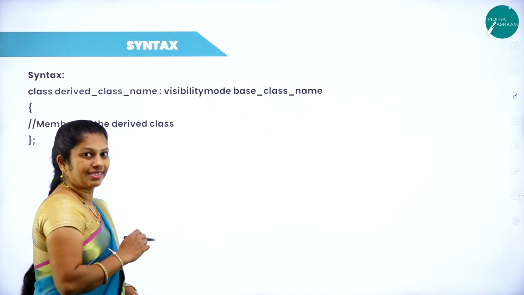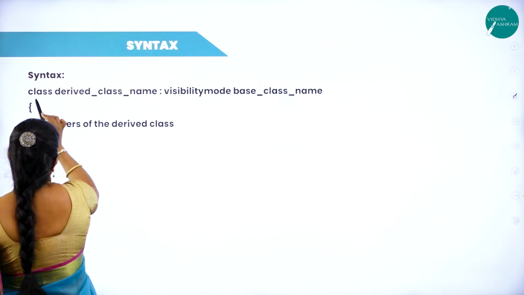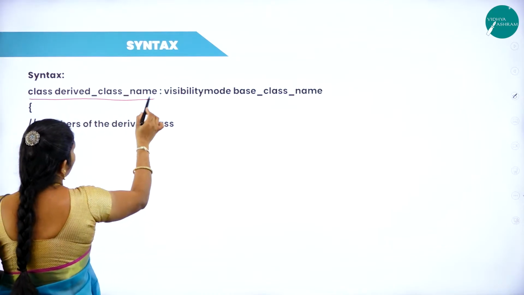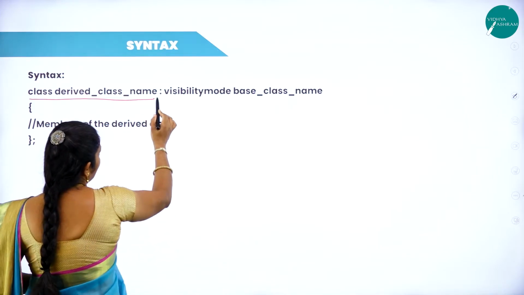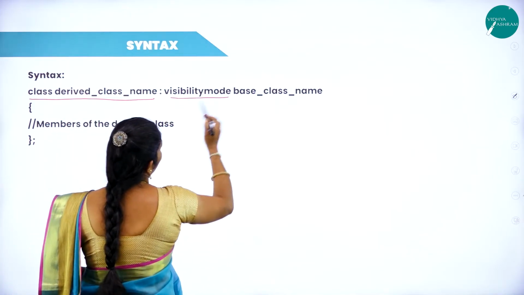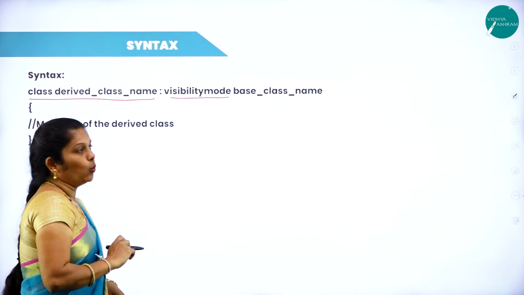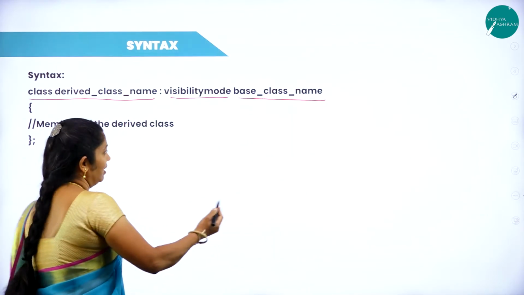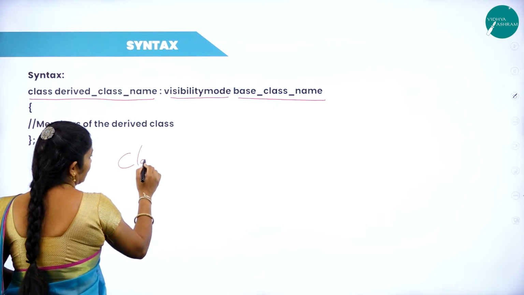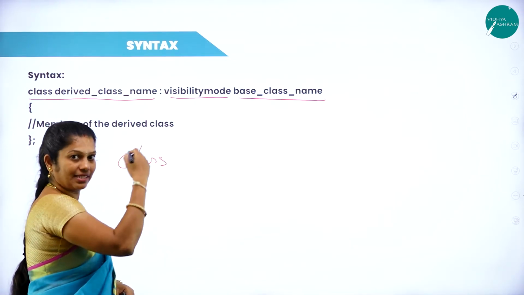Next, when we come to syntax, first you have to write the class, then the derived class name. With this we are creating a new class. Then a colon, next we have to write the visibility mode, and later on you have to write the base class. See, as usual, first create the base class.